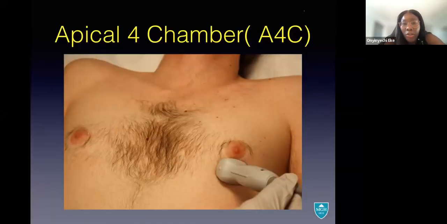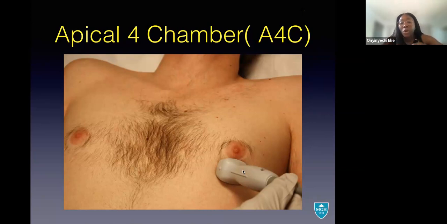Moving along, we're going to go to the apical 4-chamber view. With this view, I will tell you it's a view that you have to practice a little bit more, because it can be challenging initially, but everything takes practice, right? For men, you are going to go inferior and lateral to the nipple.